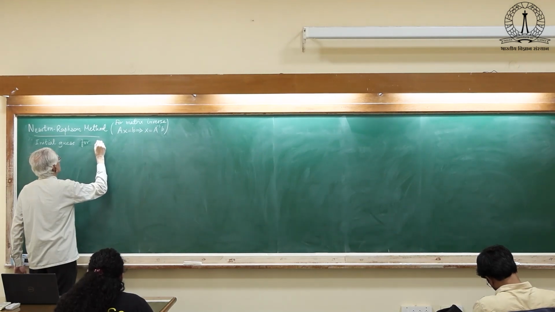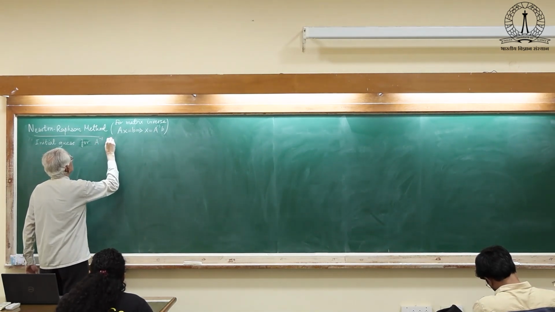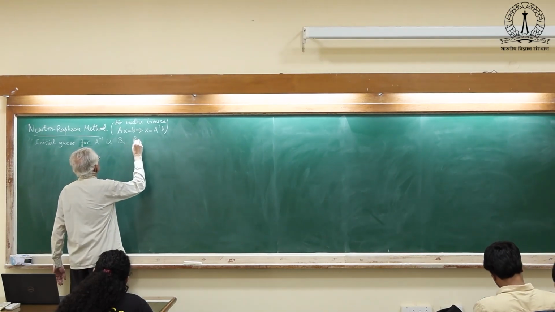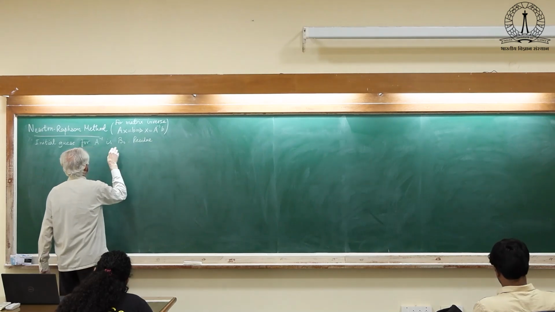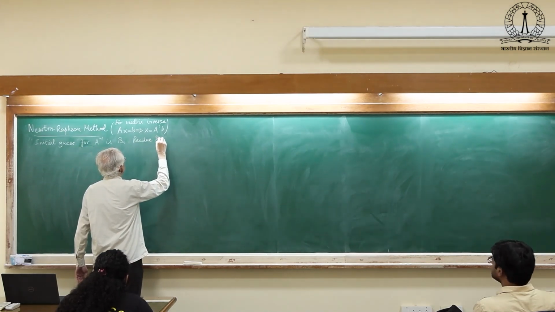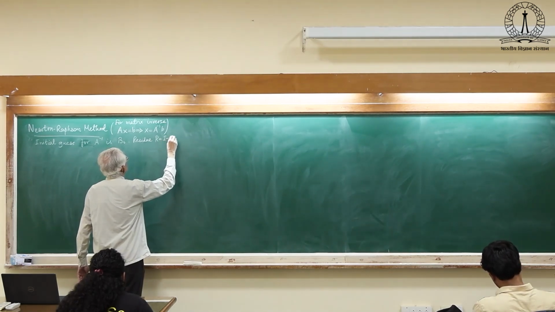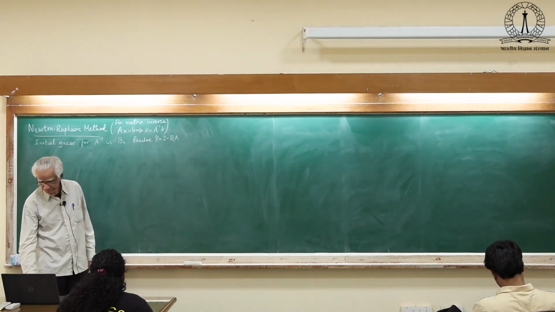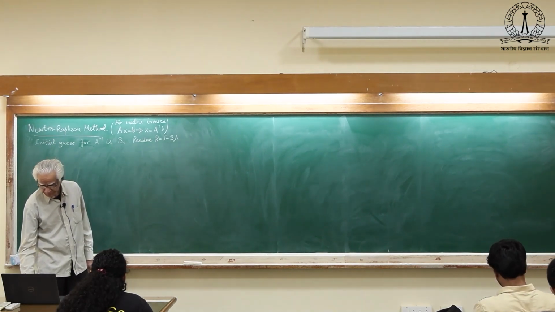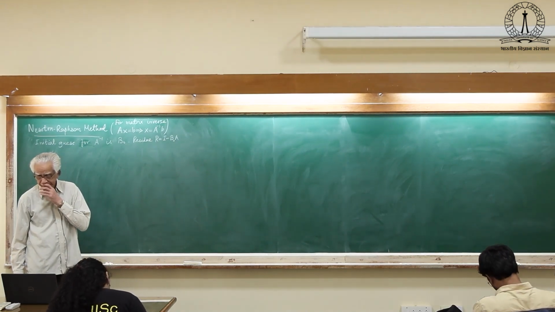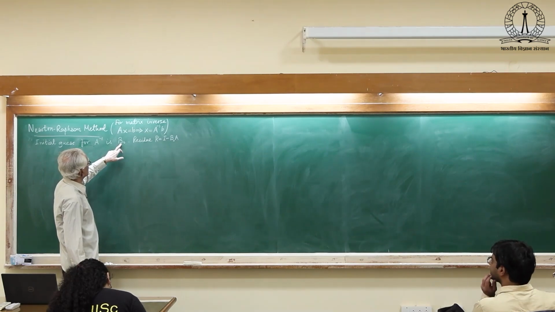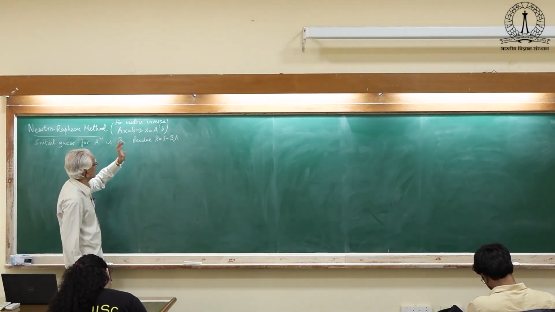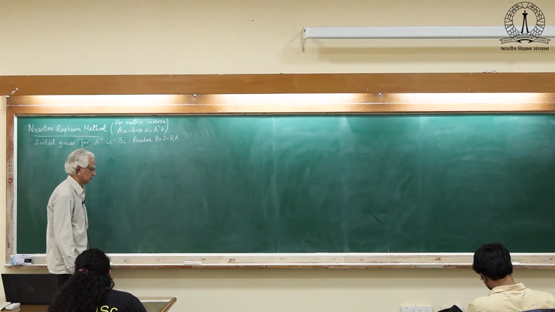So the initial guess for A inverse is B0, and the residue for this guess is defined as R = I - B0 A. So this B0 has slowly to move towards the exact answer, which is A inverse, and this is a parameterization of how far you are.